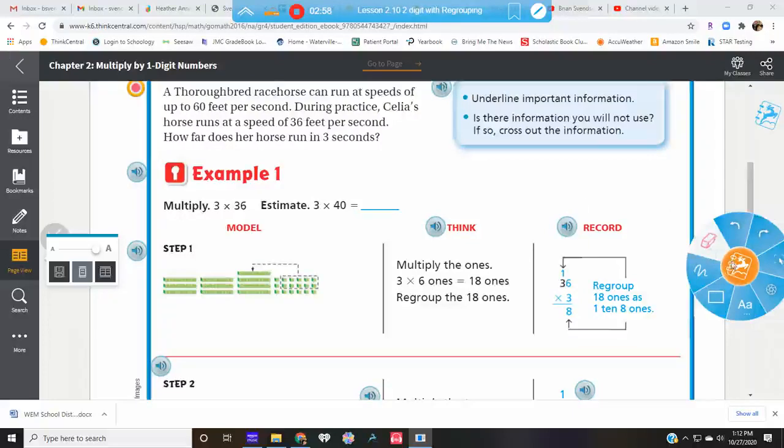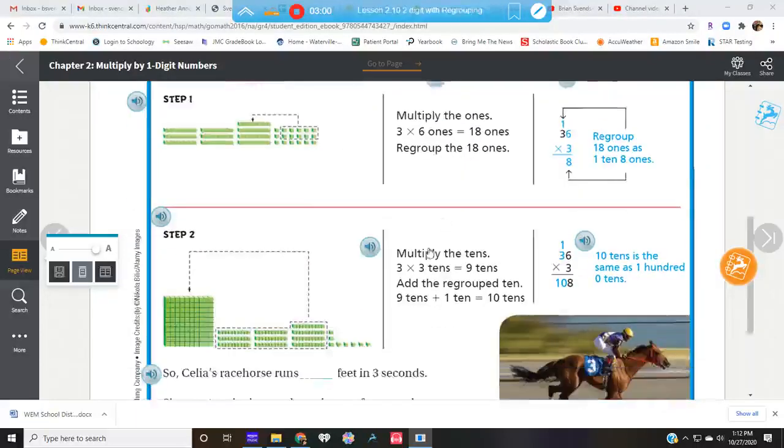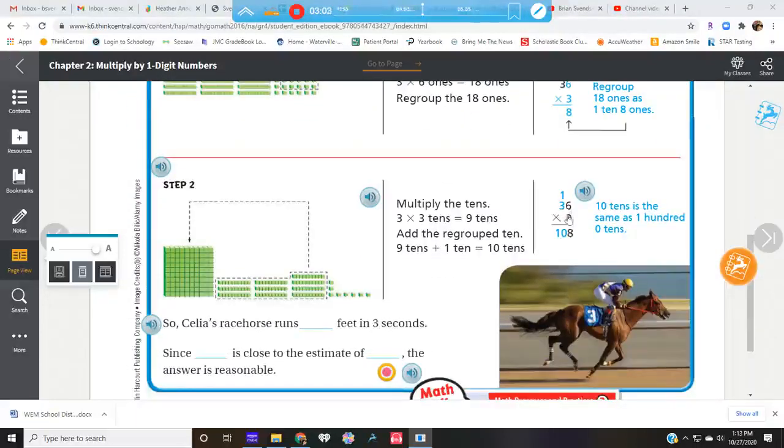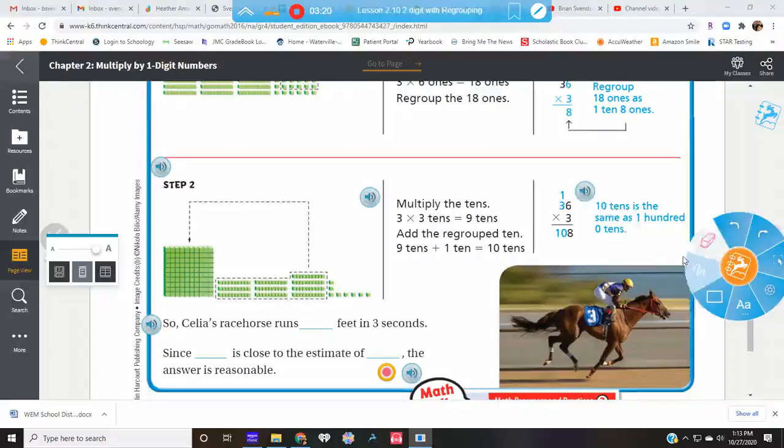Alright, let's keep going. Now we're going to go to step 2. Now we're going to do 3 times 30, because we know that this really isn't a 3, it's a 30. We have 36. So 3 times 3 would be 9. But we have this extra guy hanging out right here, so we have to add that 10.